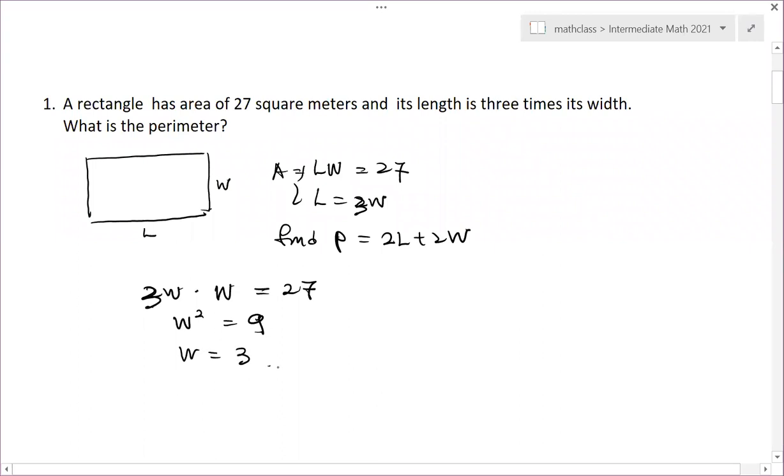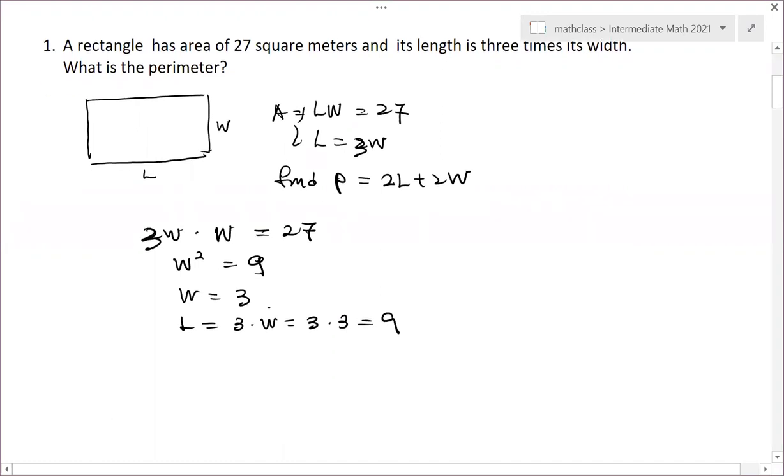So if you figure out W equals 3, then you can find out the length. The length is going to be 3 times W, right? 3 times 3 is going to be 9. Then you find out the perimeter using the formula.